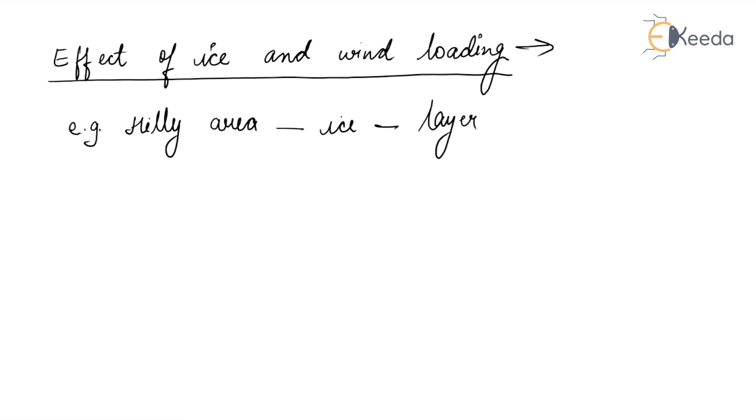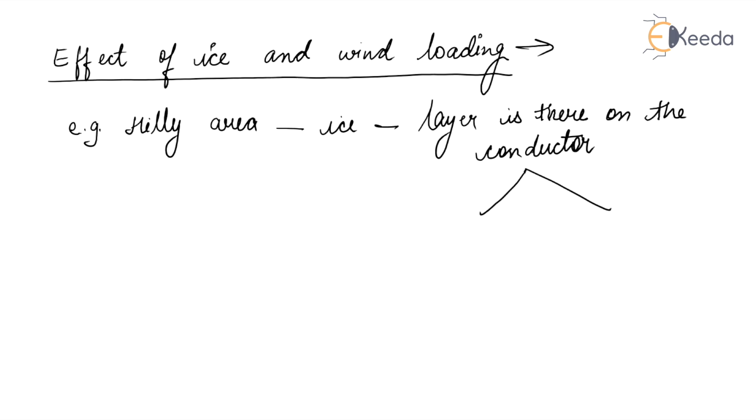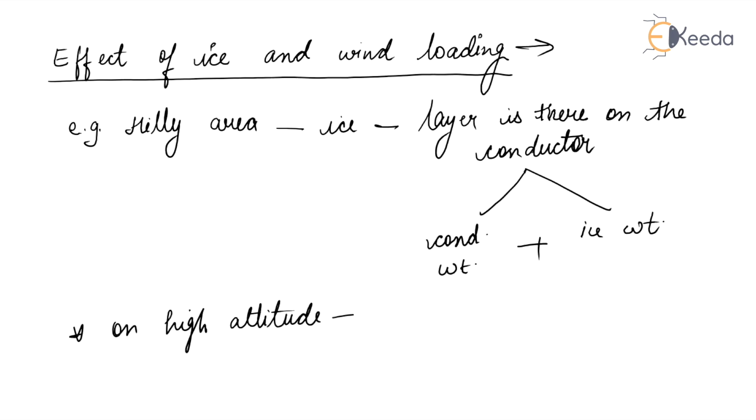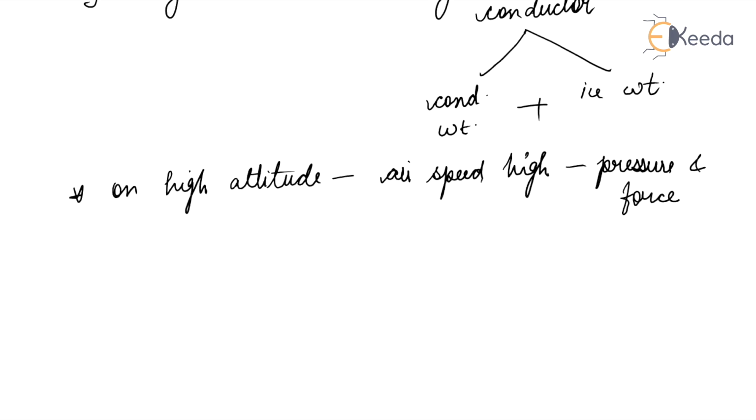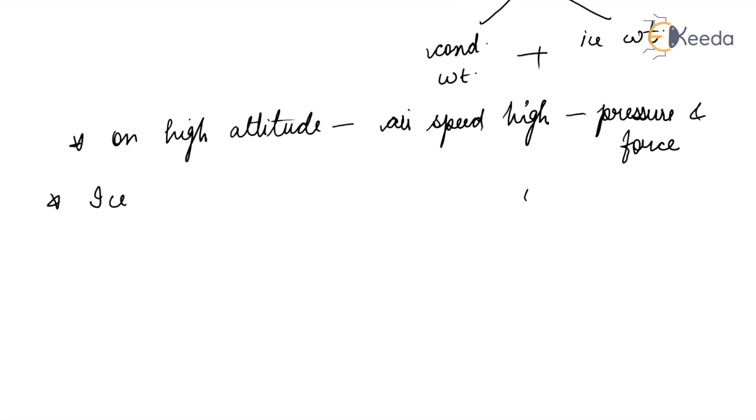There is ice, so an ice layer is there on the conductor, which means the conductor has total weight equal to conductor weight plus ice weight. And at high altitude, air speed is high, so there is pressure and force. Effect of ice and wind.